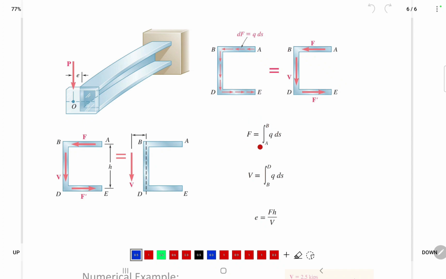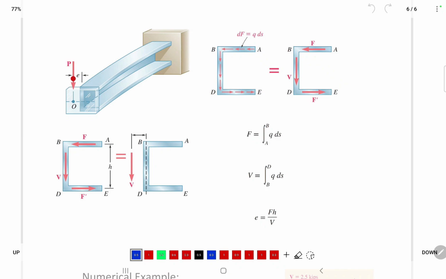For this part, we will integrate: V is equal to the integral of Q ds, from D to B. And E, which is the eccentricity or the location of the shear center, is this distance.